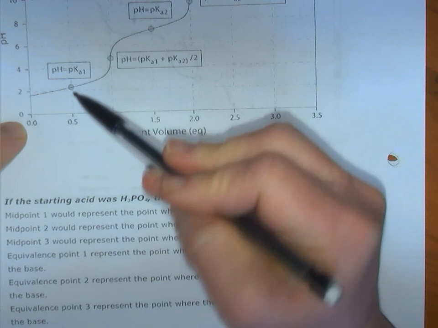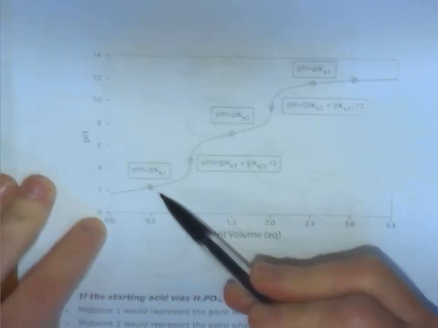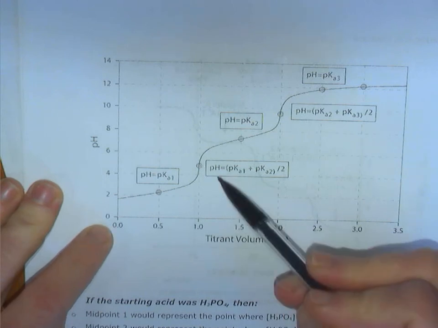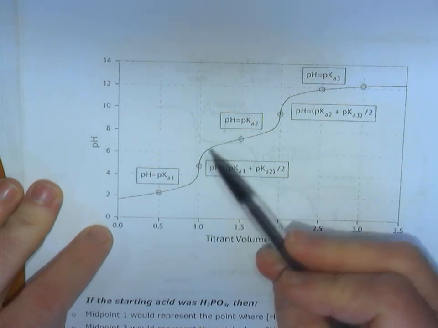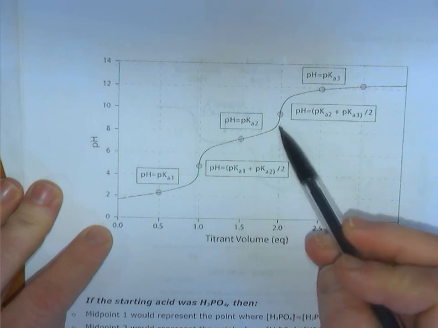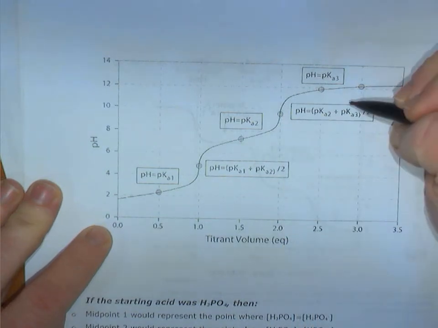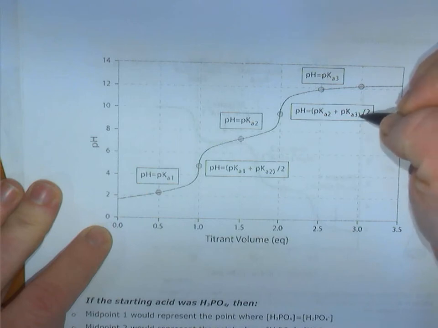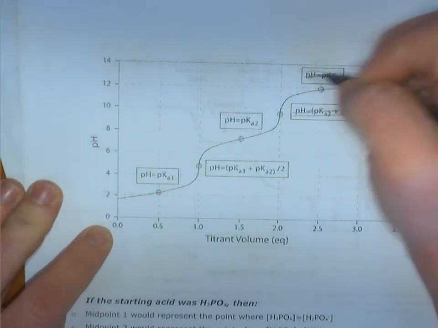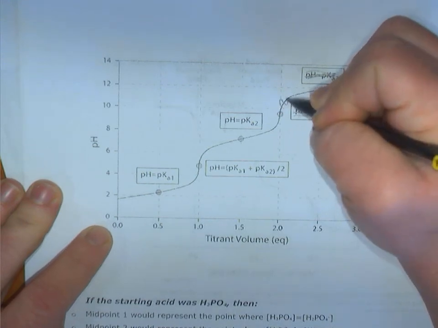So here, halfway to the equivalence point, and then our first equivalence point, we're going to have the amphoteric anion, then halfway to the second. And then this would just be our conjugate base.